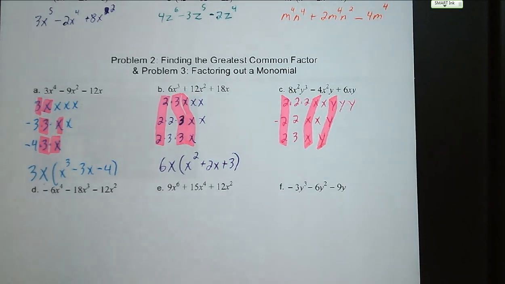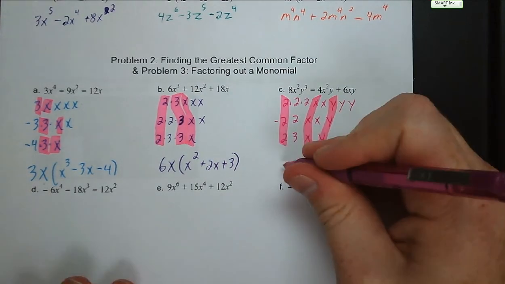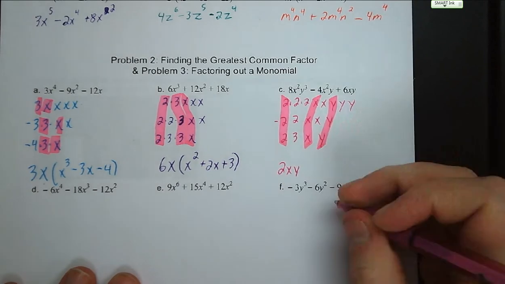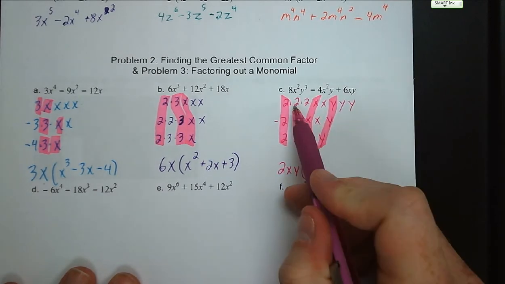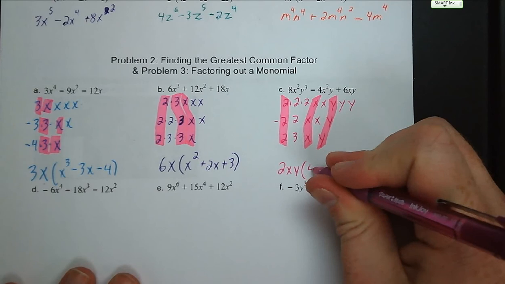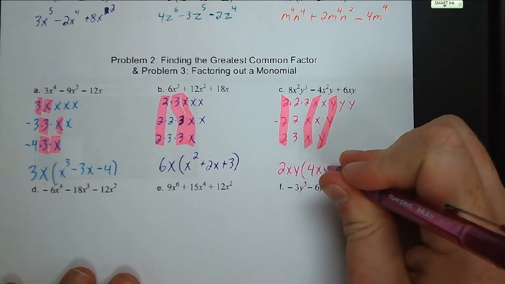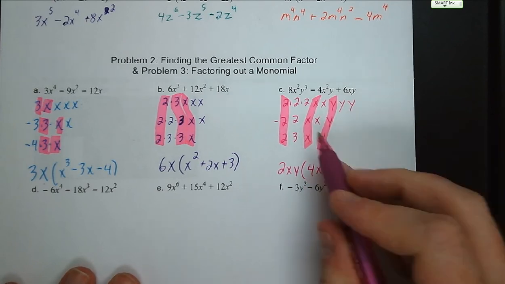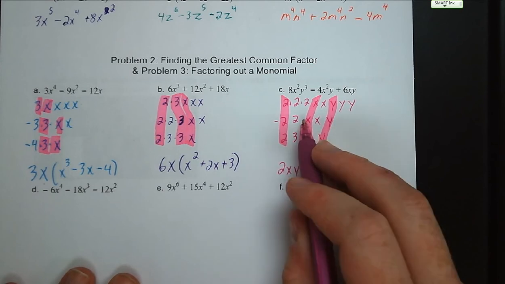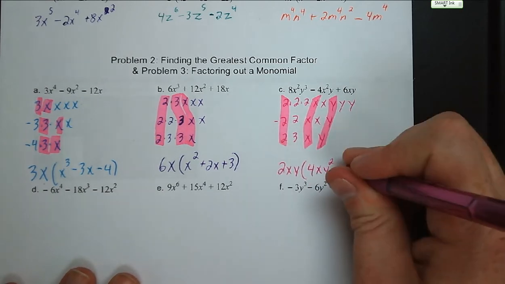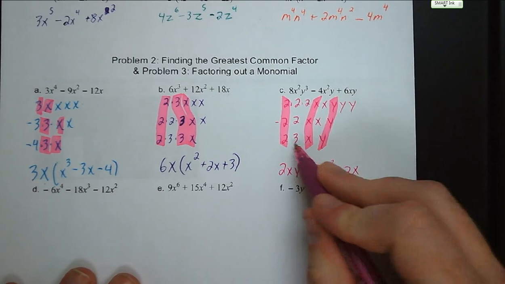So I can factor out 2xy. What I'm left with is 2 times 2 is 4xy squared. We have a minus that's left, 2x, and we have a 3.